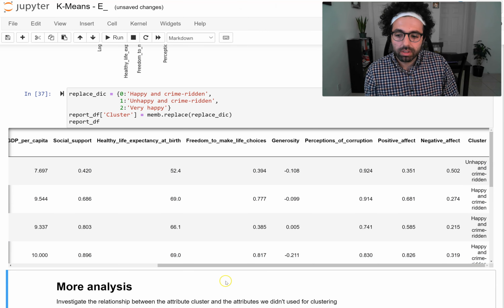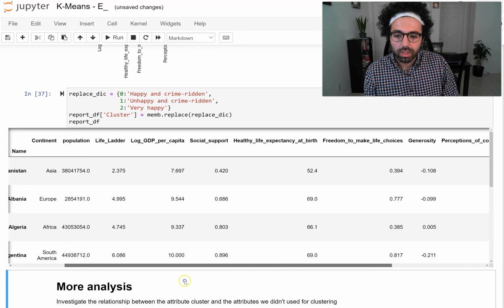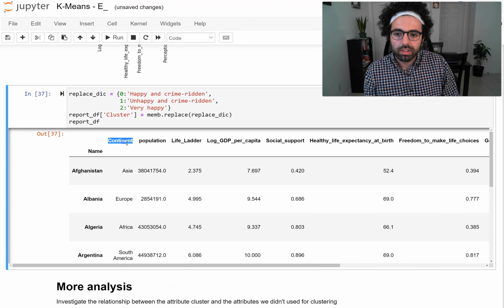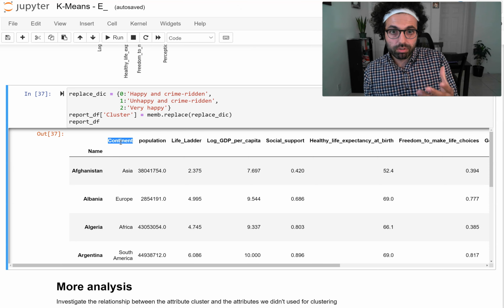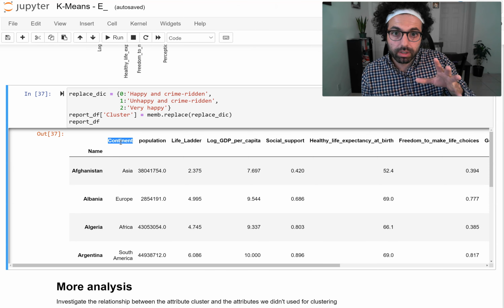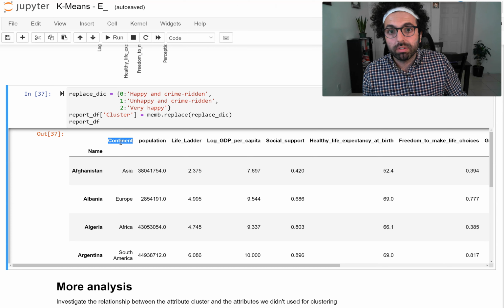Remember, when we started this clustering, we didn't use the continent and population for doing this clustering. I mean, these are not the values that we used for creating this cluster. So it would be interesting to see if these values that we did not use to create the cluster have a relationship with this cluster.